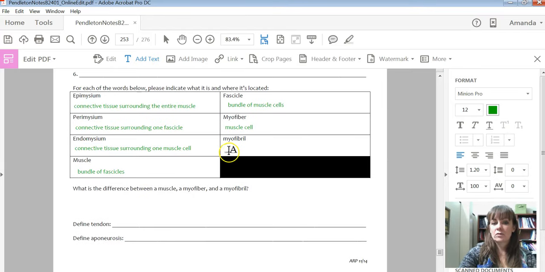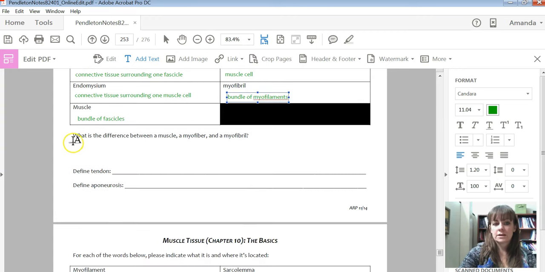And then a myofibril is a bundle of myofilaments. Okay, so hopefully you can see there's a lot of words with myo in it. Myofiber, myofibril, myofilament. And so make sure you have these definitions exactly.